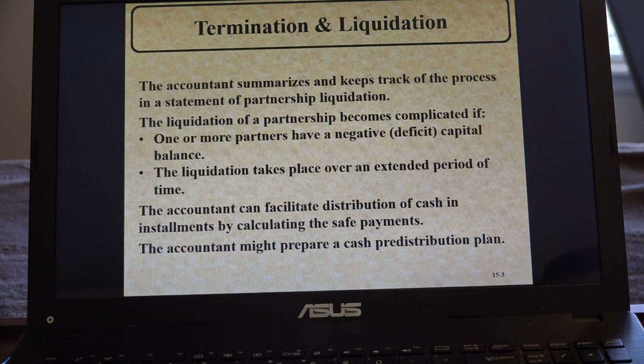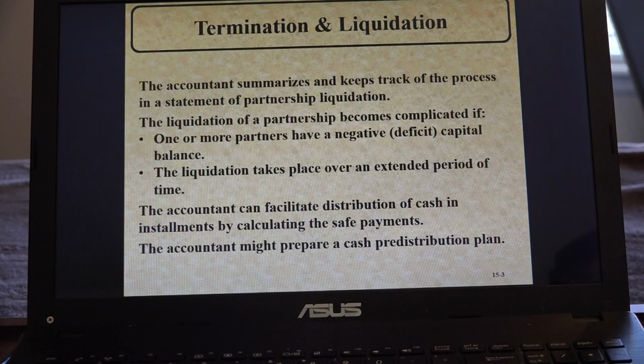And so it can become more complicated if one or more partners have negative capital balances, and somewhat more complicated is the fact that the liquidation may take place over an extended period of time.